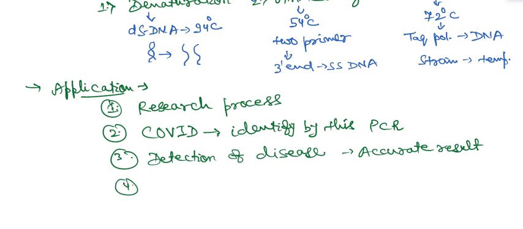Also, DNA analysis for archaeological studies, we can use PCR also. So there are different places in which PCR is used. These are a few examples related to the application.